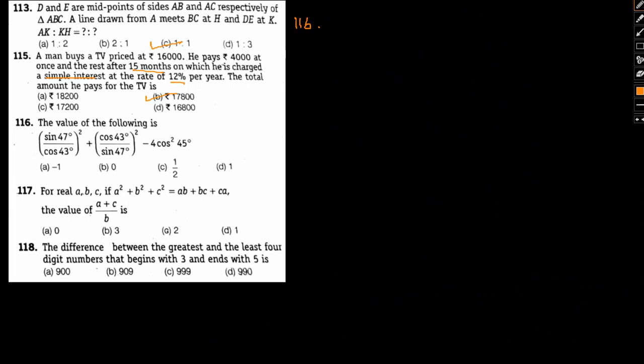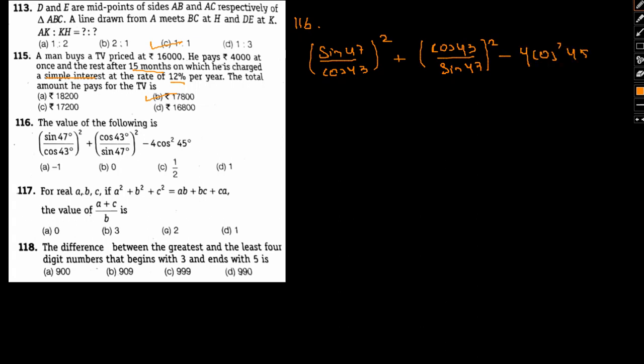So we need to find the value of the following function. What we have here is (sine 47 by cos 43) whole square plus (cos 43 by sine 47) whole square minus 4 cos square 45.